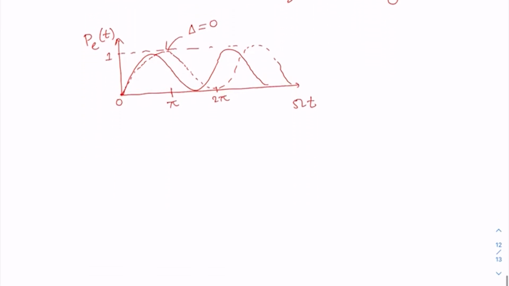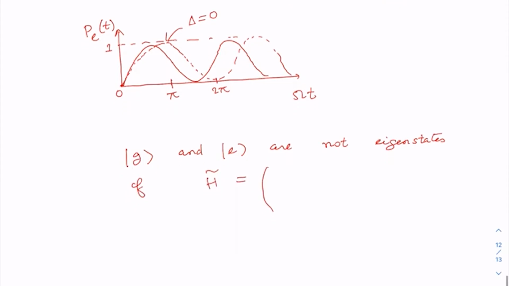Rabi oscillation phenomena clearly indicates that these states, kets g and e, are not eigenstates of the Hamiltonian, which is called the dressed Hamiltonian in a way because it is dressed by the laser field.